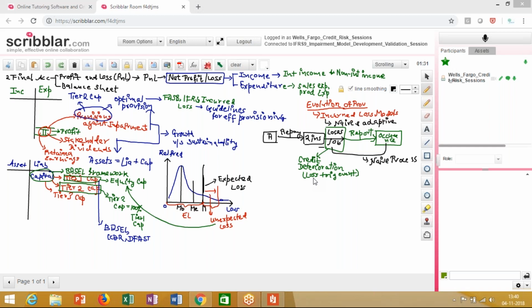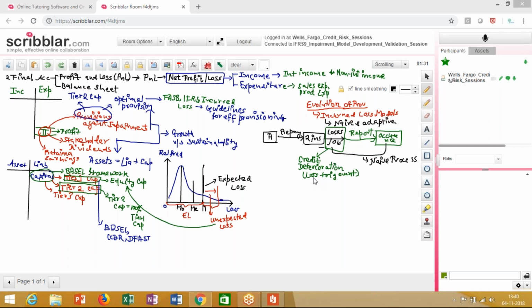And that is where the financial accounting standards regulation and the international accounting standards regulation started coming into play, right? That is the part from where loss forecasting, expected loss estimation, started becoming more and more predictive in nature.